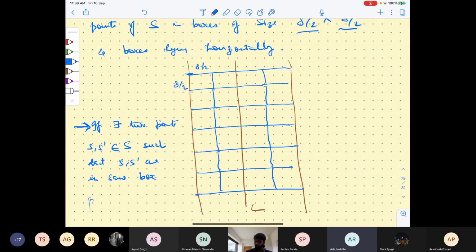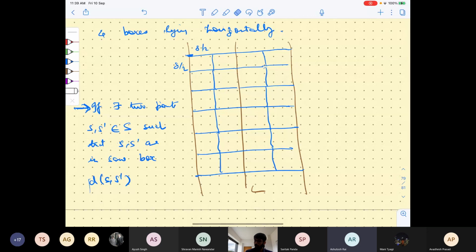Then what is their distance? Can we give an upper bound on their distance? Less than delta by root 2, right? Good, you guys are fast, because of course the maximum distance is the diagonal. This is delta by 2, this is delta by 2, so you get the square root of (delta by 2) squared plus (delta by 2) squared as the maximum distance, which is the diagonal. So the maximum distance is delta by root 2, which is less than delta.